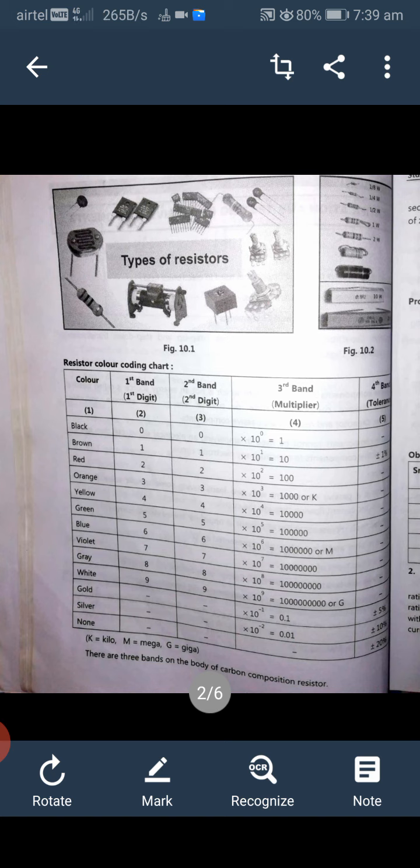So, the value of the resistor is 1, 5 into 10 raised to power 2, and the tolerance is plus minus 10%. So, the value of the given resistor is 1.5 kilo ohm plus minus 10%.